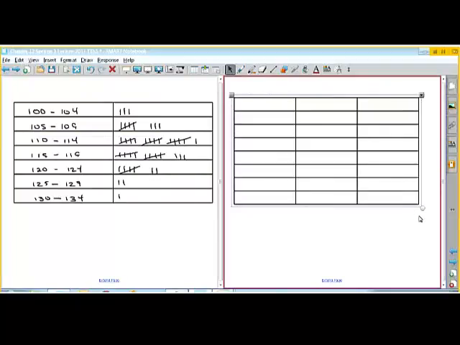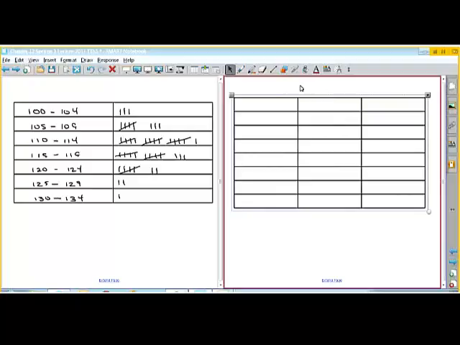So all I'm going to do is make a new table and have some numbers in there instead. The numbers in the frequency distribution table consist of these ranges again. So I'm going to say 100 to 104, 105 to 109, and I'll just copy them down.